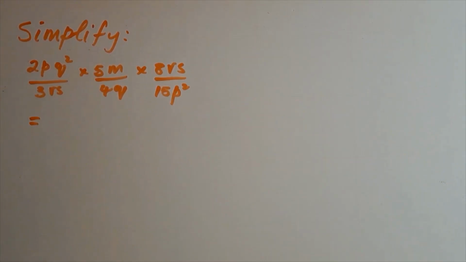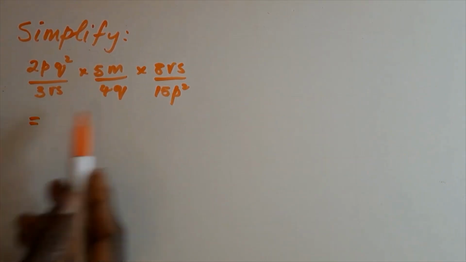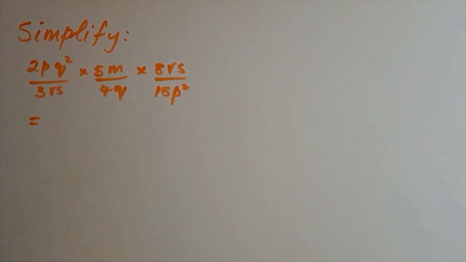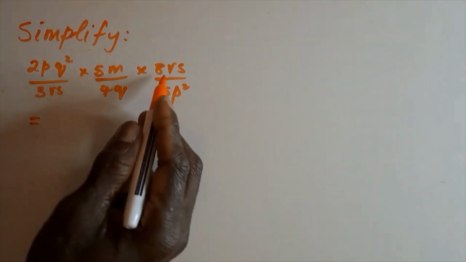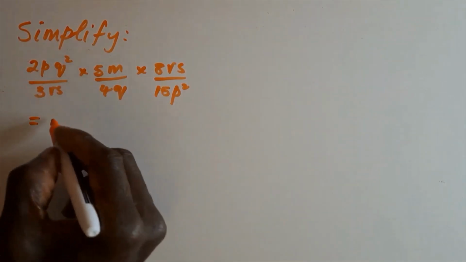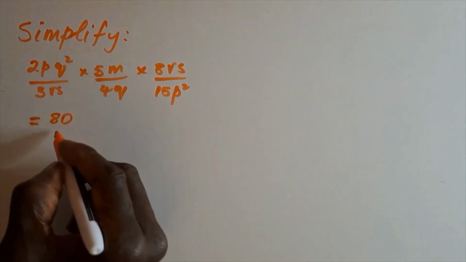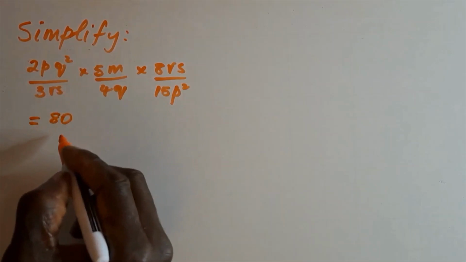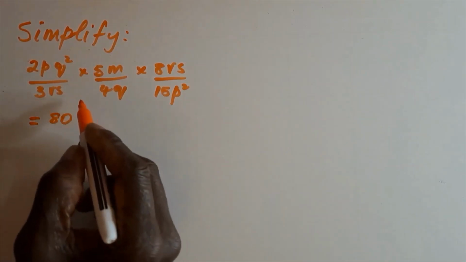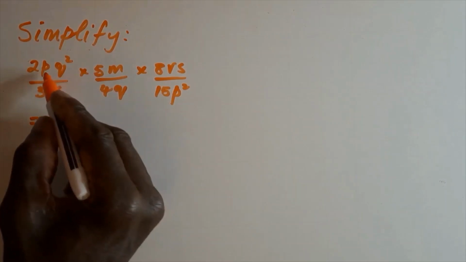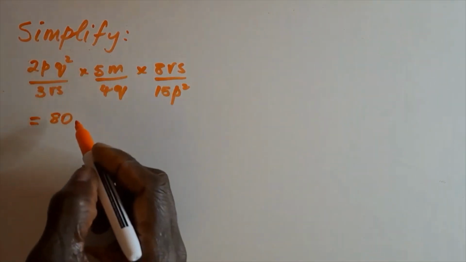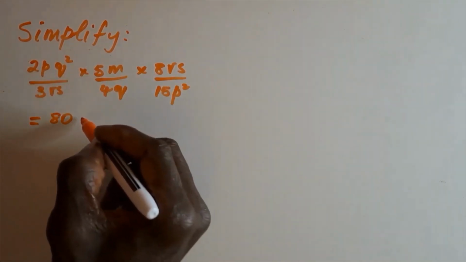How do we go about simplifying this? They've decomposed it, so we'll try and put it together, but before we do that, we'll gather all the integer terms so that we can see what we're doing. Here we have 8 times 5, 40 times 2 will give us 80 in the numerator, and in the denominator, well, let's work out what we have with the terms.